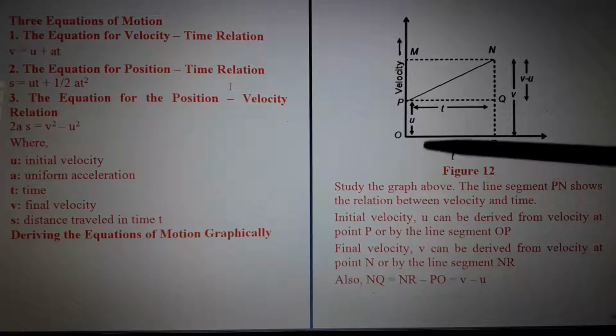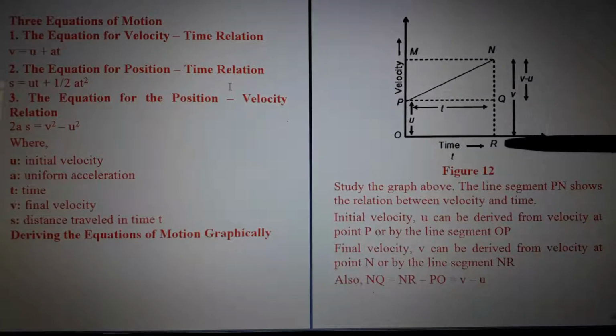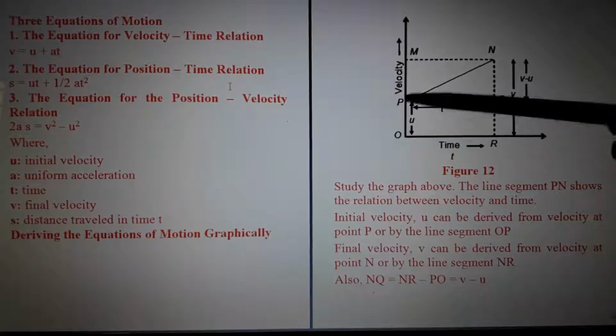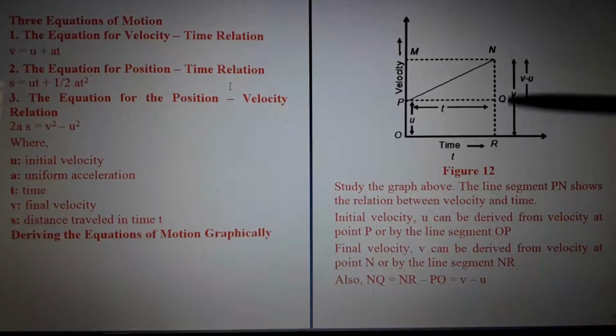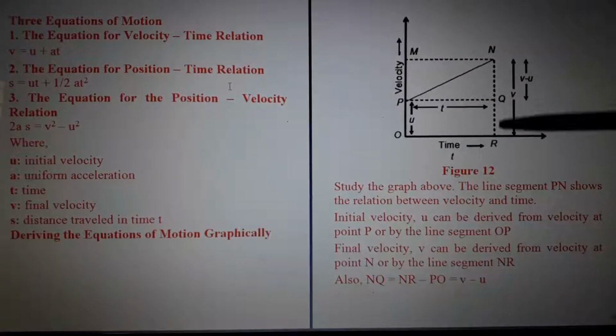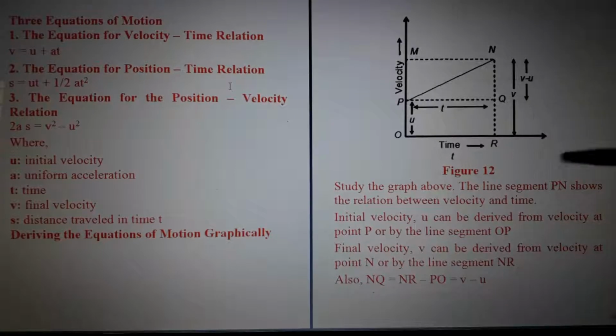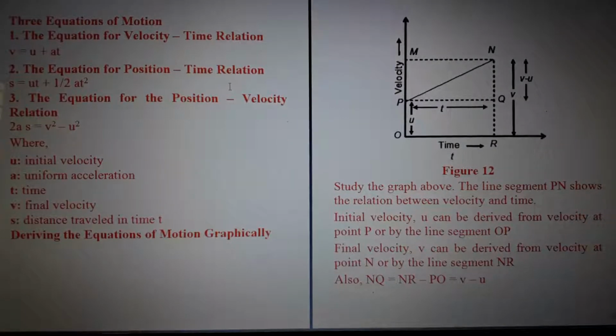Initial velocity is OP, or we can also represent it as RQ, isn't it? OP is equal to line segment RQ, same values. Correct or not? And final velocity is NR, and final velocity minus initial velocity is NR minus OP. So that many values we already get from this graph directly.